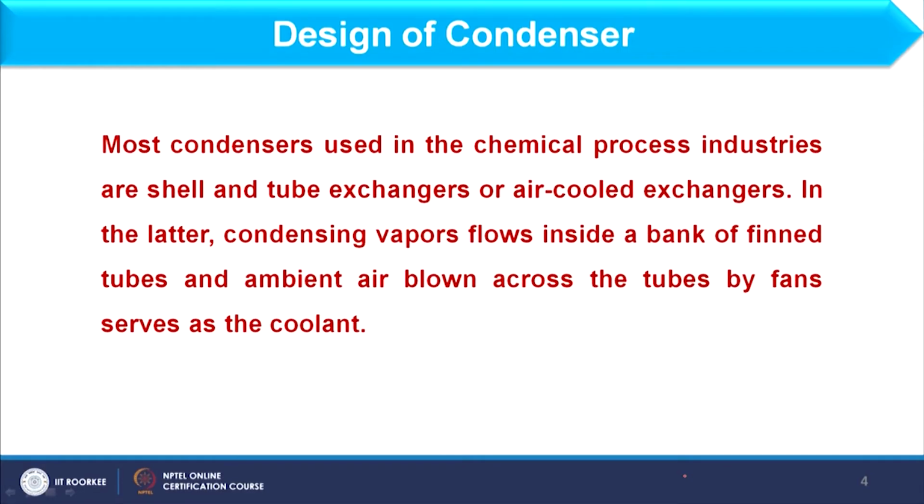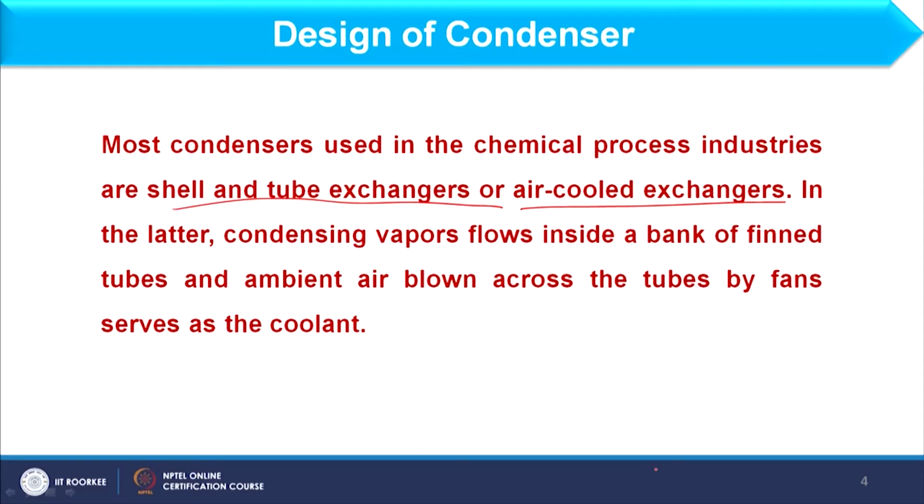Now, most of the condensers used in chemical plants are shell and tube type. Okay. And in some cases we also use air cooled exchangers. Okay. Air cooled exchangers we have already discussed in detail when we discussed classification of exchangers. Okay. So, you can refer to that lecture to understand air cooled exchangers properly.